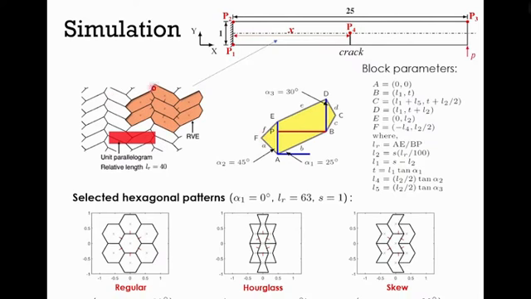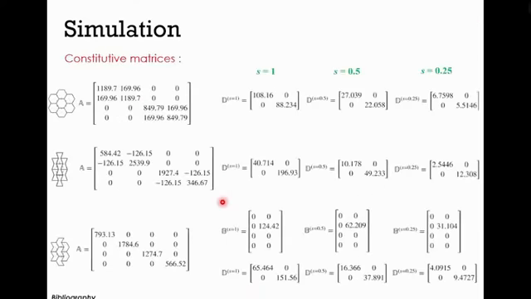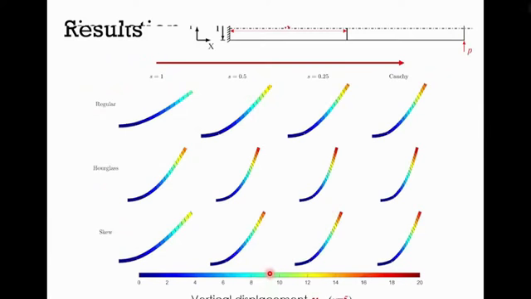By using some blocks as RVE and according to a homogenization process according to this literature, we can get the constitutive matrix for this RVE under different scales. We can see that the scale has an effect on the D and the B matrix of the constitutive matrix and does not affect the A matrix.